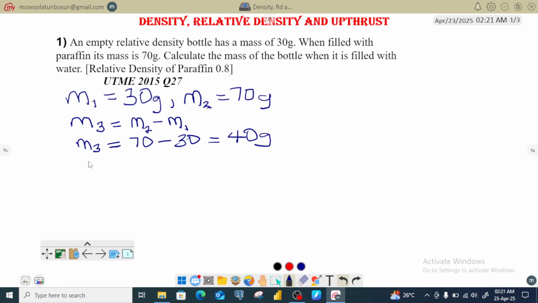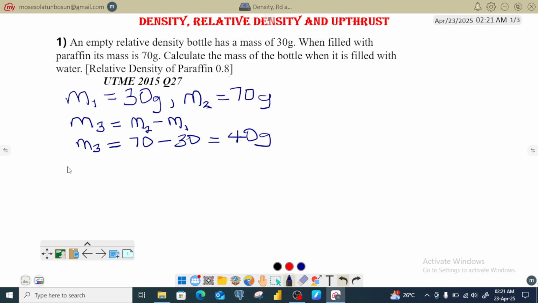Now they ask us to calculate the mass of the bottle when it is filled with water, so we can quickly calculate the mass of the water that is in the bottle, and we can do that by using the relative density of the paraffin. Remember that the relative density of a substance is equal to the mass of the substance over the mass of equal volume of water.